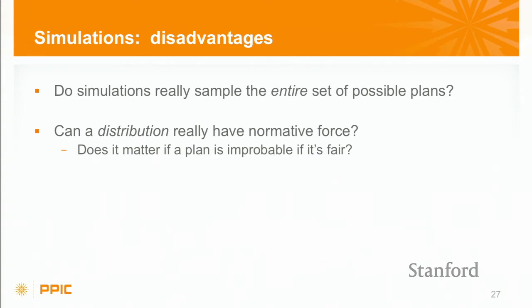The disadvantage is that the people working in this area, and this is a very active area of research right now, are really trying to figure out whether these simulations really sample the entire set of potential plans. There's no mathematical proof that says that they do. The problem is extremely complex. And actually, when you try to make the simulations too complex, they can blow up.